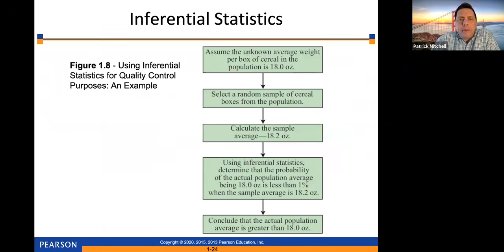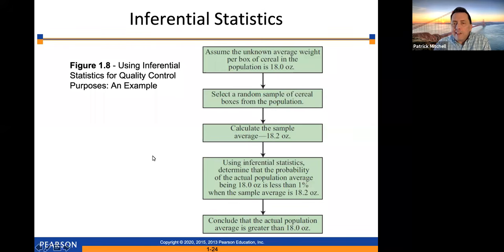All right, here we have a figure that talks about using inferential statistics for quality control purposes. So let's say we start by assuming the unknown average weight per box of cereal in the population is 18 ounces. So we select a random sample of cereal boxes from the population. We calculate the sample average, which comes out to 18.2 ounces.